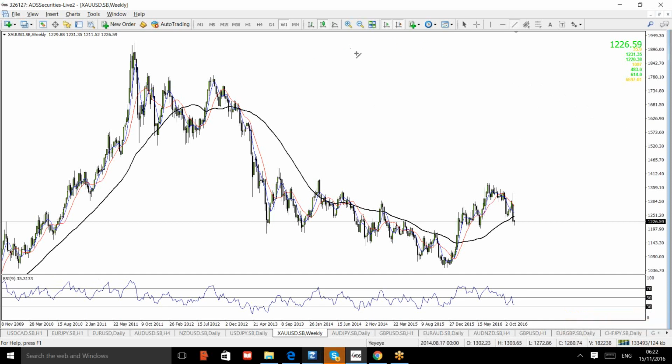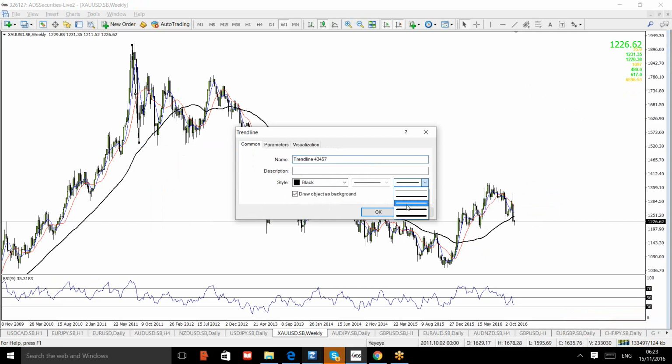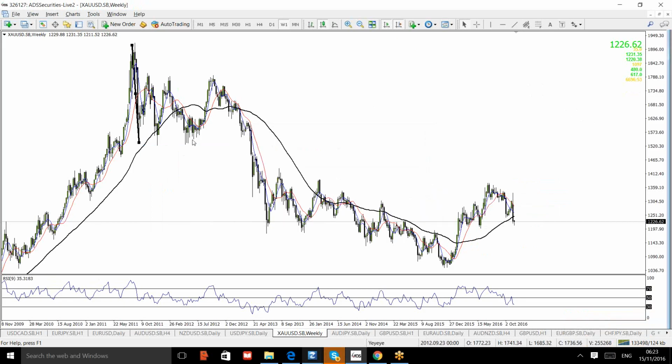Now let me give you an example of legs on the charts. This is a leg. That is a leg. Can you see? That is the leg.